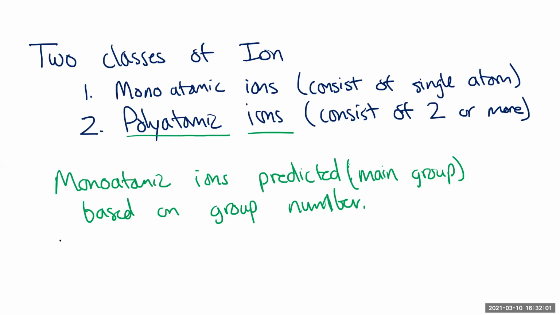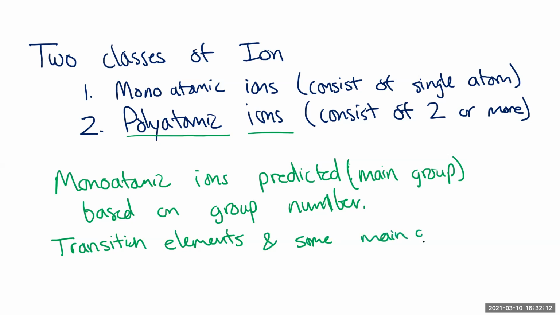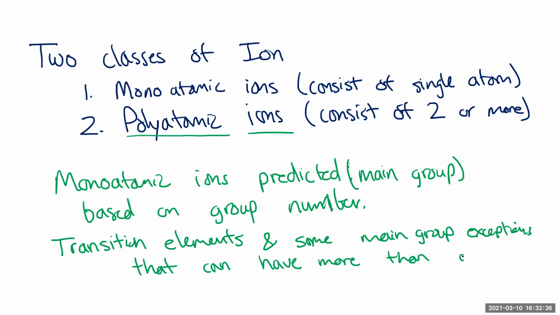All right. Then, of course, there are transition elements and some main group exceptions that can have more than one possible ionic charge.